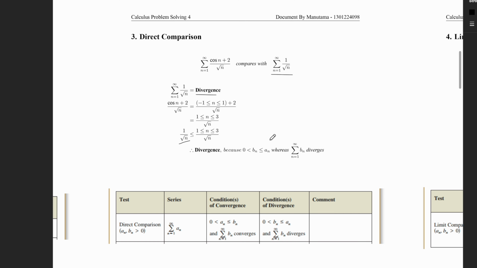So if this is bn, and this is an, we know that an is bigger than bn. Therefore if bn diverges, an also diverges.